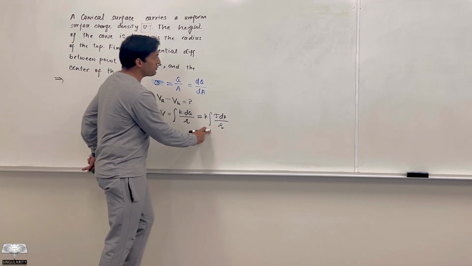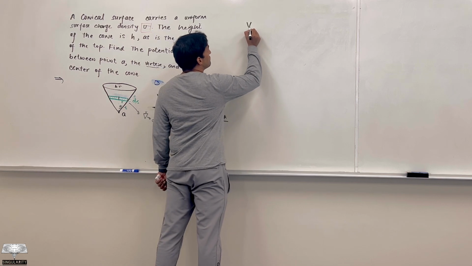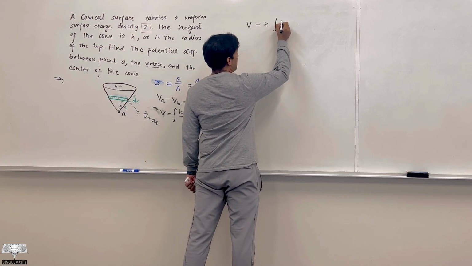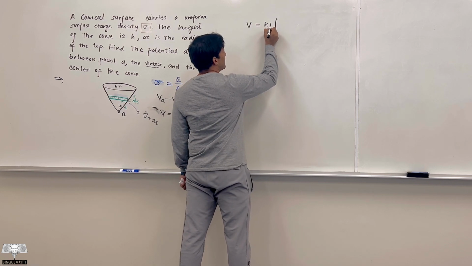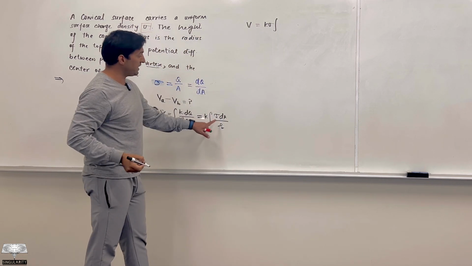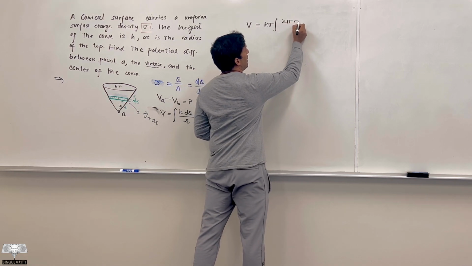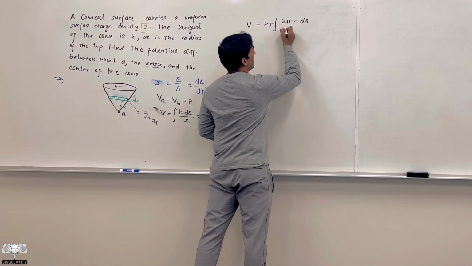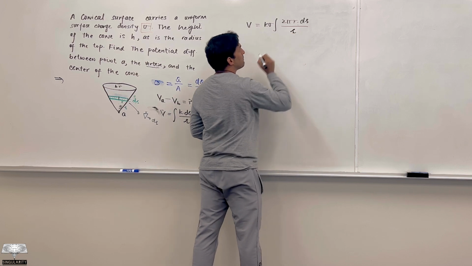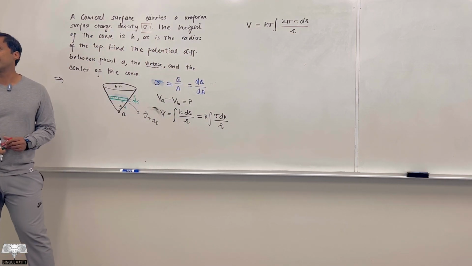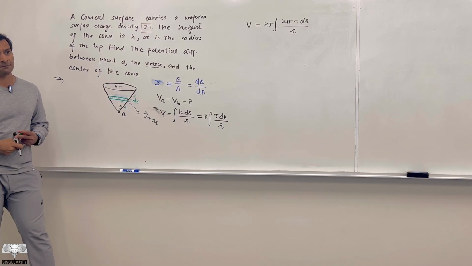So if I write this formula for potential, it takes the form V equals K times integral sigma. Sigma is also constant, so let's take it out of the integral, and now we have dA. So this becomes 2 pi r d curly r divided by curly r. So we have everything. This is the main formula that we are going to use to calculate the potential.